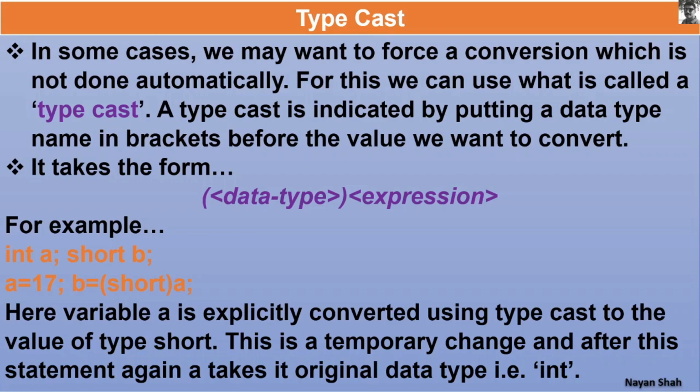For this, we can use typecast. A typecast is indicated by putting a data type in brackets before the value we want to convert. Whichever value you want to convert, before that you write the data type in which you want to convert, in a round bracket. So it takes the form: within round brackets we write the data type, and then the expression.